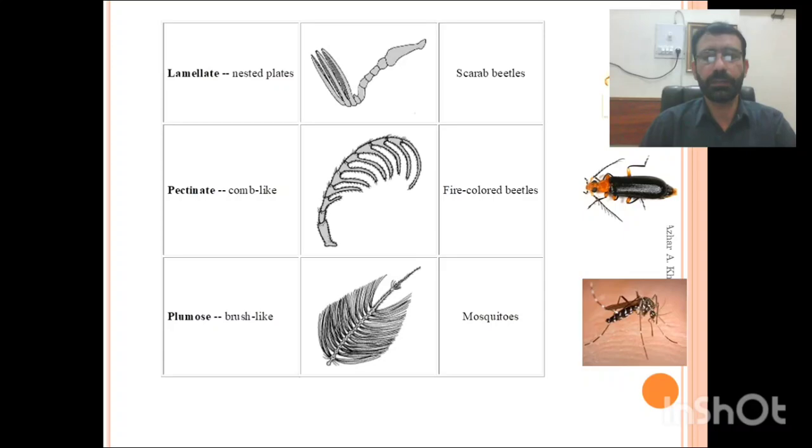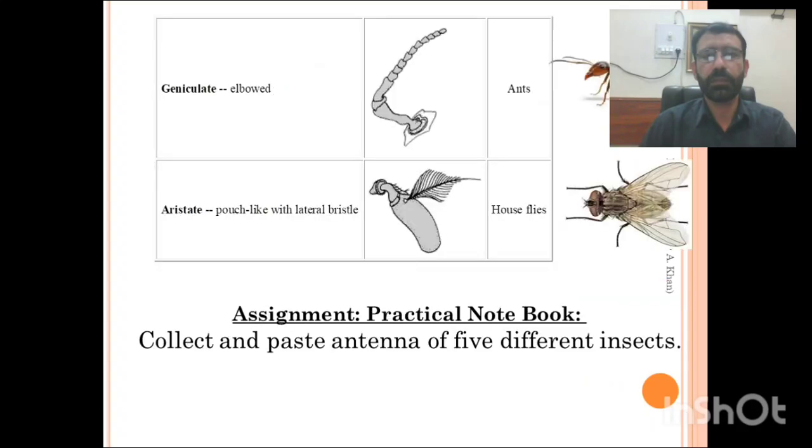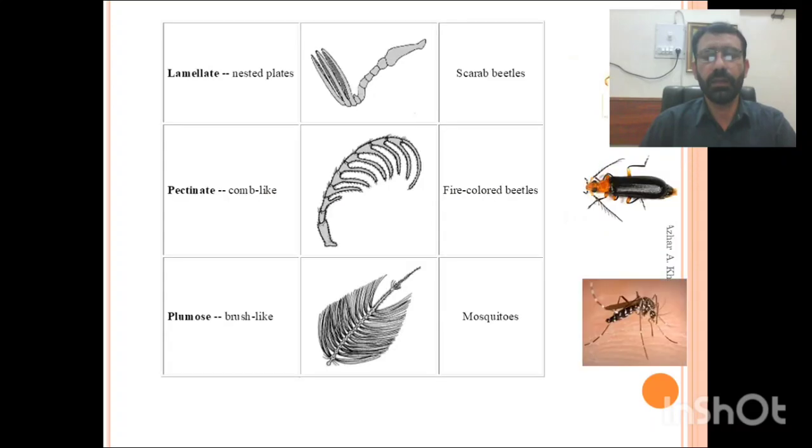Another type of antenna is plumose. It is brush-like, and mosquitoes contain these plumose antennae. Here we have some differences between male and female mosquito antennae. In the male mosquito, the antenna is brush-like or feather-like, that is plumose, and in the female antenna, these feathers are not so brushy or feather-like.